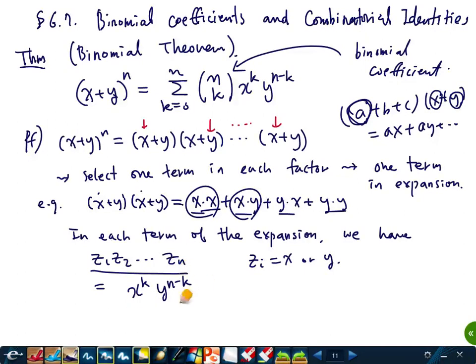And the terms with this value occur, of course, more than once. So how many times do we have the terms equal to this? So the number of terms z1 dot dot dot zn equal to this is what?